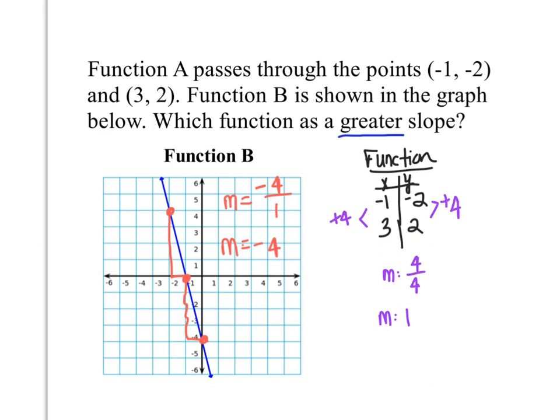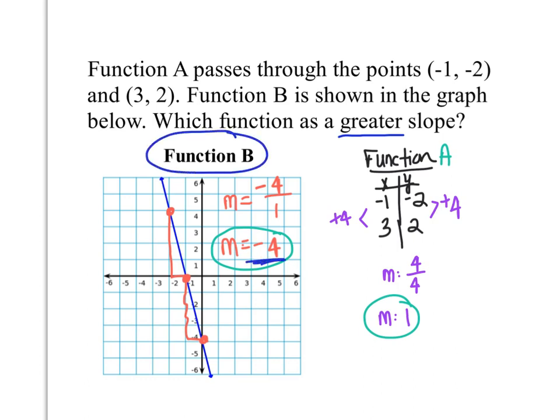So when I look at these slopes, function B has a slope of -4, and function A has a slope of 1. Now when we compare slopes, we need to ignore the negatives. When we're talking about slopes, we're just talking about the change. So function B has a greater slope.